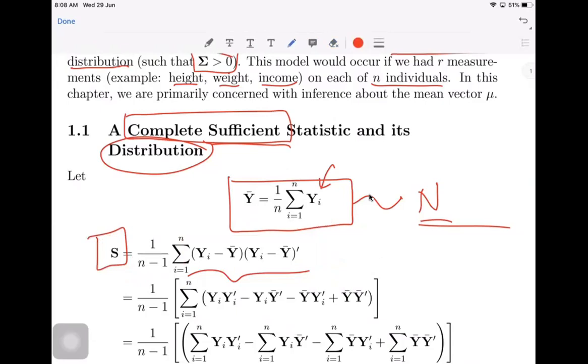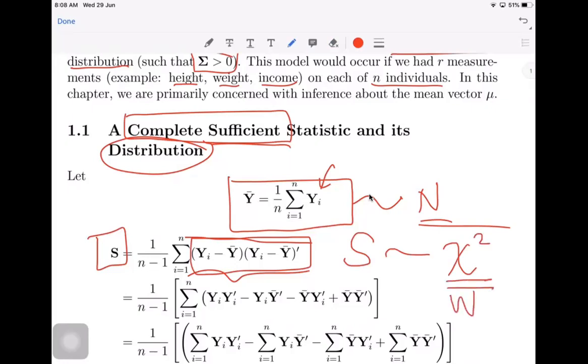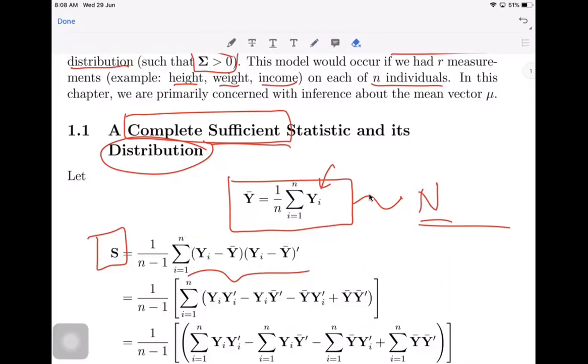Since it is a quadratic transformation, anybody? Chi-square, ma'am. So most likely chi-square, or the generalized term will be Wishart, because this is multivariate. So we'll see.